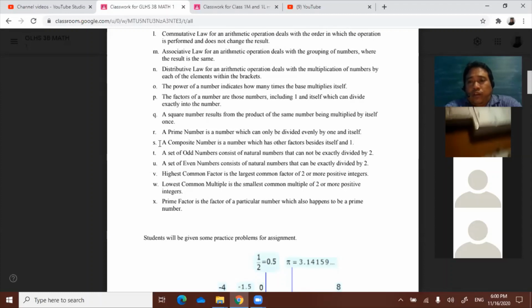Now, I'm telling you this up front, you need to know the difference between a factor and a multiple. Factors are numbers that can go into a larger number, while multiples are what we get when we take an initial value and start multiplying it, like the times table.